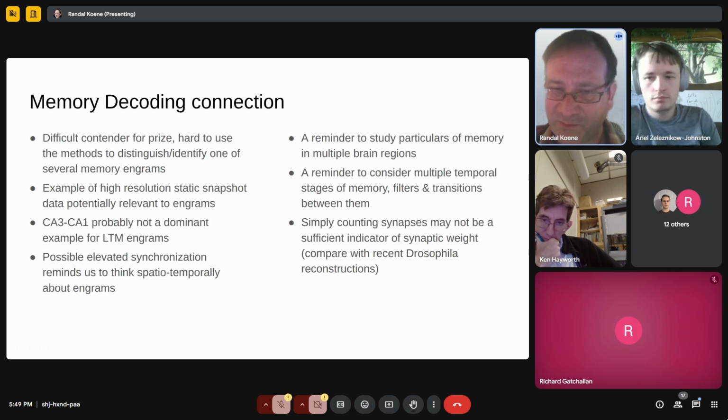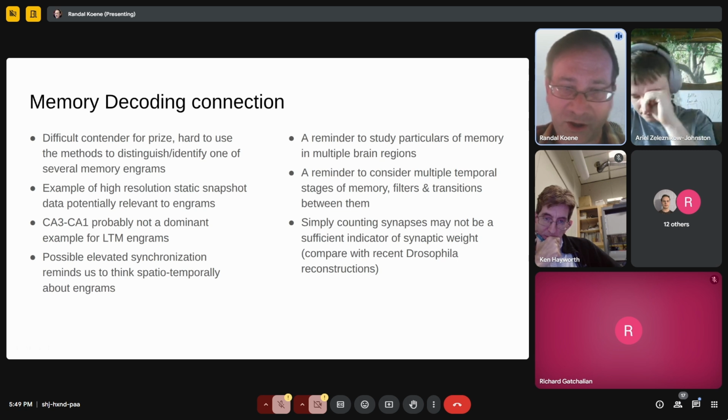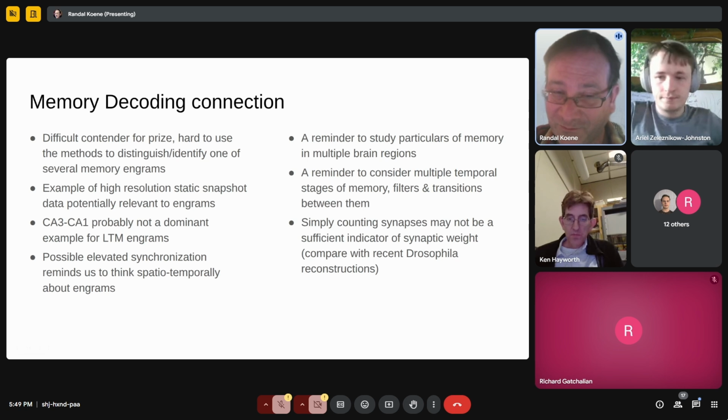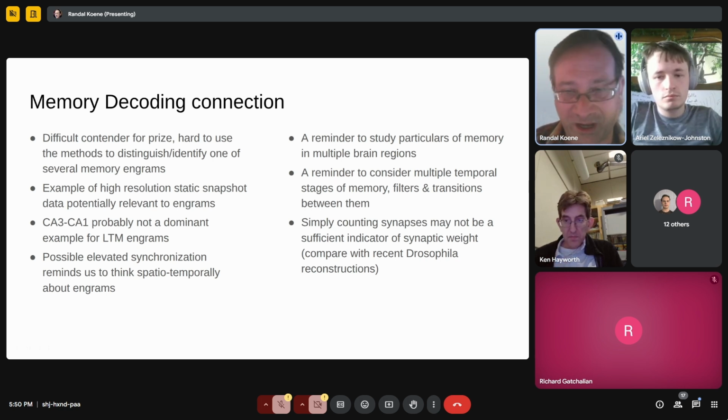It's a case study of a type of possible memory-relevant detail in the data that one might have to pick up on. If this multisynaptic versus single synaptic distinction really matters, you wouldn't pick it up just by counting synapses, as they did, for example, in the recent Drosophila reconstruction papers. And it isn't even clear if what was identified here constitutes a memory engram, or maybe the ghost of a memory engram. But anyway, there are clearly morphological correlates here, data that you can get from a static snapshot.